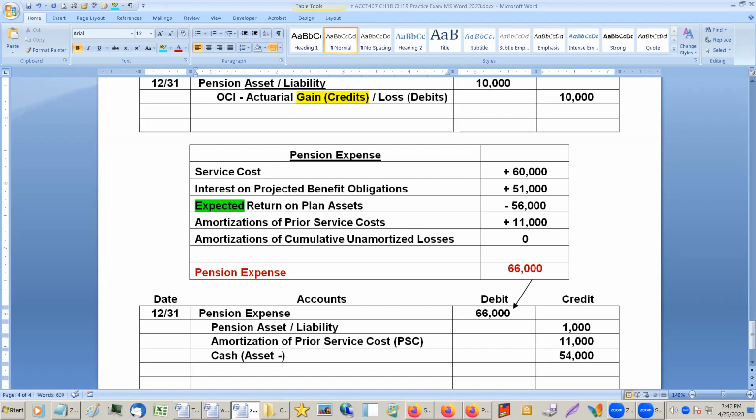Pension asset liability, $1,000 credit, so that's either decreasing an asset or increasing a liability. And again, we really don't have to worry about that, whatever it takes out to. And you'll see sometimes they'll flip from year to year. This is a plug number.